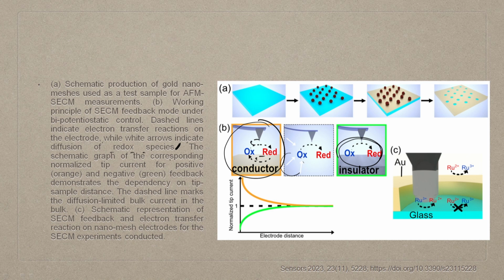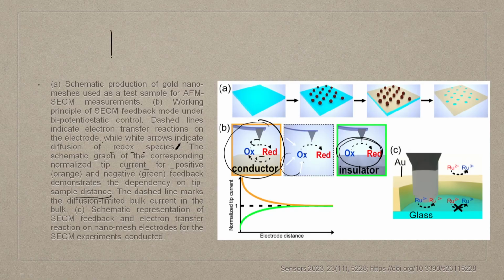The schematic graph of the corresponding normalized tip current, for positive to negative feedback, demonstrates the dependency on the tip-sample distance. The dashed line marks the diffusion limit of the bulk current. So, what you see out here is that, say for example, on a surface, your sample has certain parts that are conducting, certain parts not conducting.